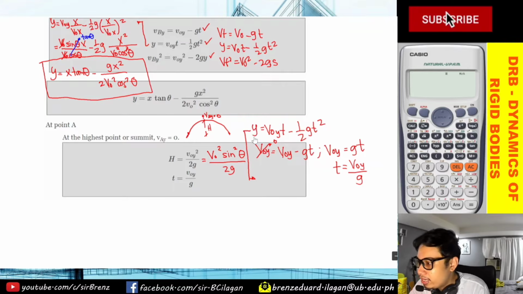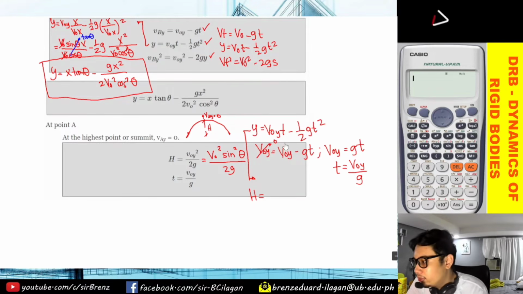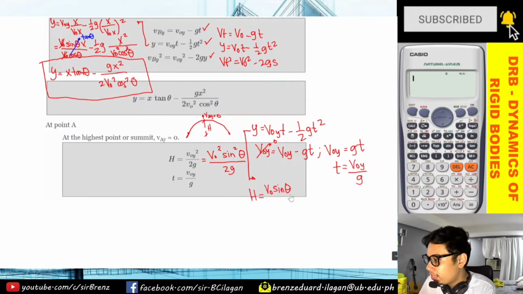So, again, yung y natin is mapalitan na yan ng H. So, is equals to V0y. So, puro sine yan. Wala namang y dyan. So, kunin natin siya with respect or in terms of V0. So, paano nga makukuha yung V0y? So, that is V0, initial velocity times sine theta. And then, multiply by time.